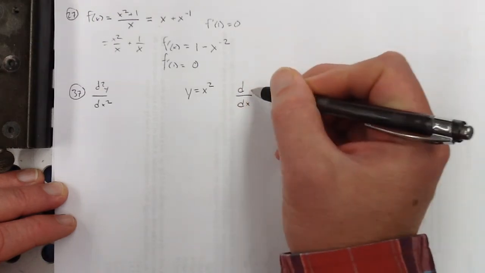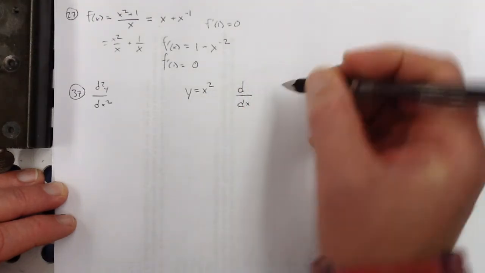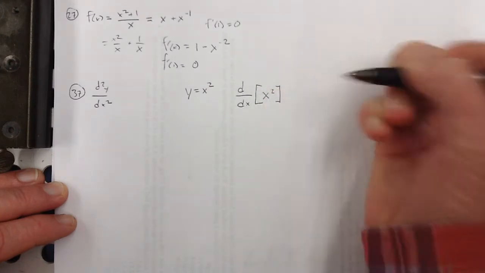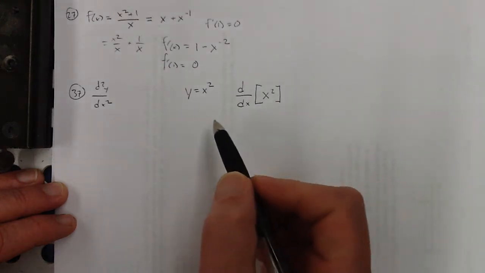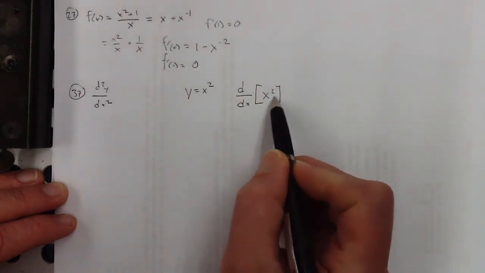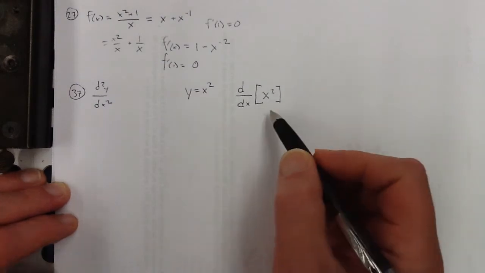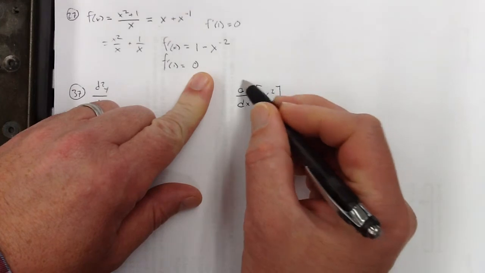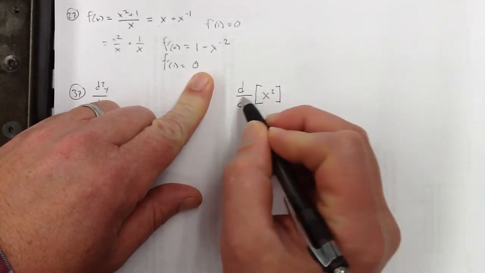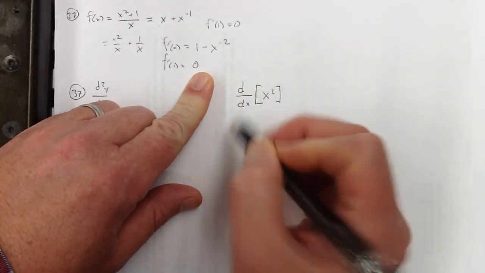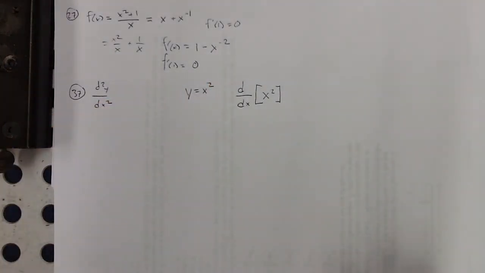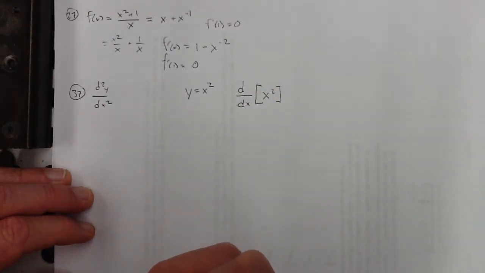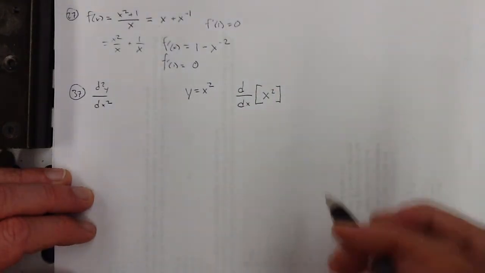But instead of writing dy dx, you can write d dx of y, where y is equal to x squared. I want you to understand that this is really just dy dx. I call this the operator form of the derivative. It's saying I want to take the derivative of whatever's inside these parentheses. It's a useful way of notating what we're doing sometimes.